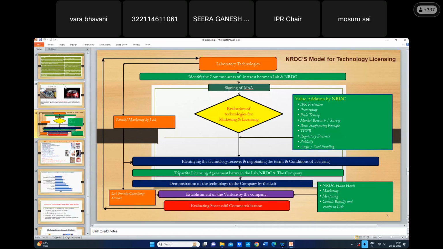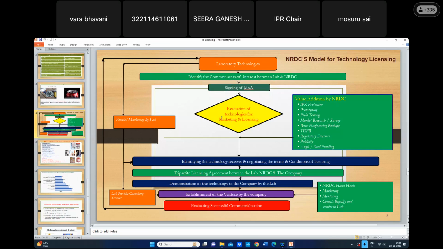What we do is identify the laboratories that have potential technologies which can be used by society. Then we identify the common areas of interest and sign an agreement with them. For example, NRDC signed an MoU with Andhra University to evaluate all the technologies and patents of Andhra University.